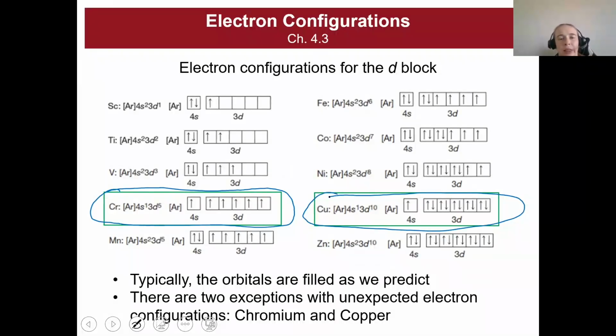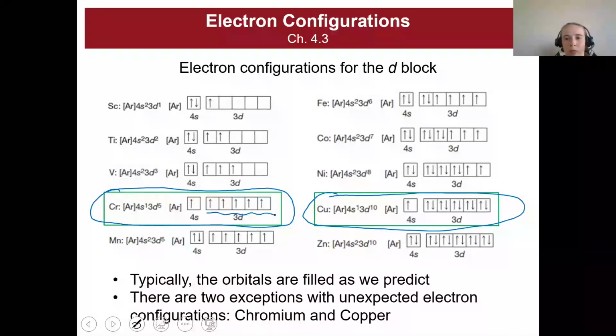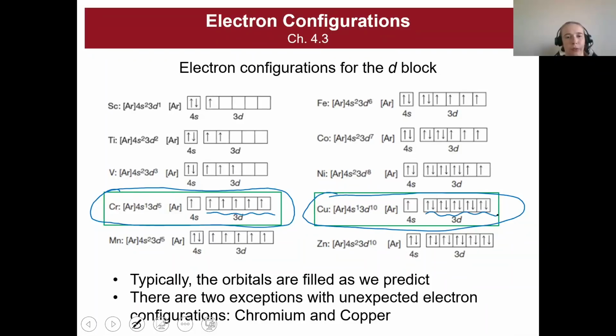The reason that these are exceptions to our electron configuration rules is that they have half-filled d subshells, or full d subshells. So these half-filled or completely filled d subshells are actually more stable than if we filled in order.